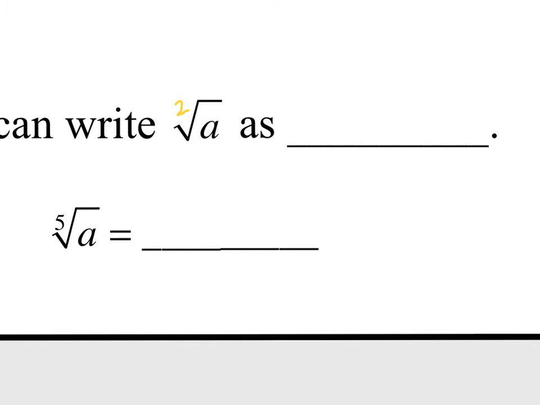So this is a to the first power with an index of 2. So this is a to the 1/2 power. The index goes on the bottom, and the power under the radical goes on the top.